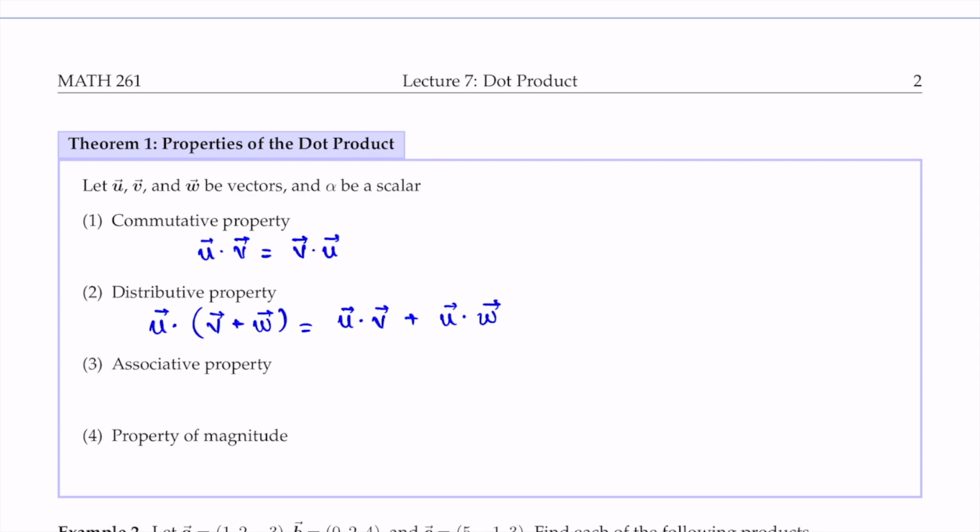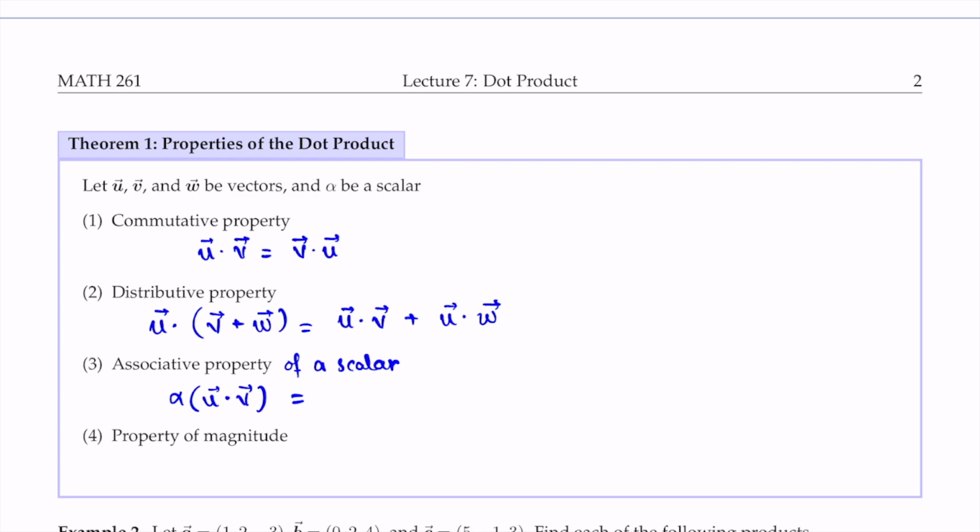The next property is the associative property of a scalar. So it says that if you have the two vectors u and v, and you form the dot product between the two vectors, then you scale the result.